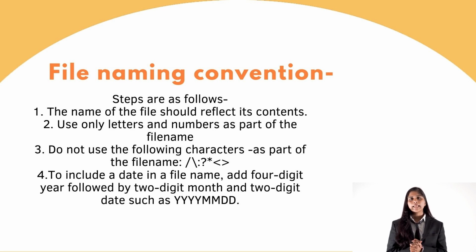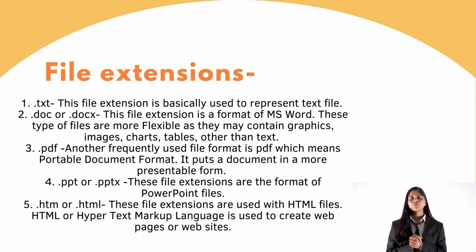Coming to the next part, that is file extensions. So file extension under this, the first one is .txt. This file extension is basically used to represent text file. Second one is the .doc or .docx. So this file extension is basically a format of MS Word.